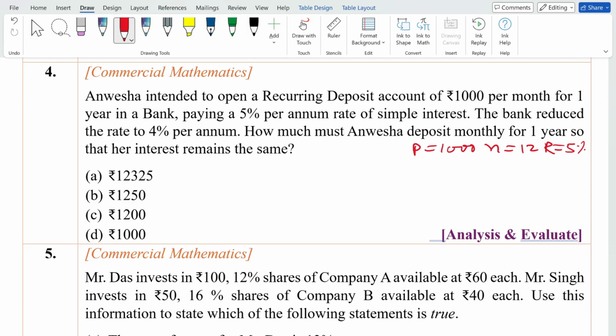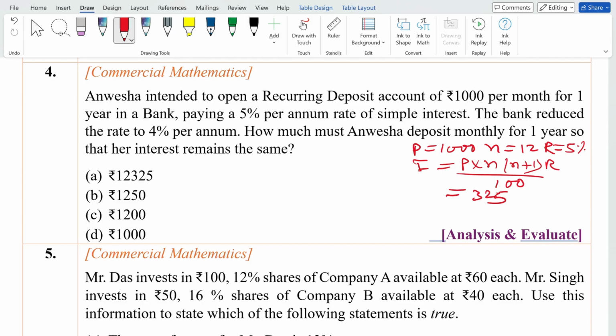Now find the interest. Interest is P into n into n plus 1 into R by 100, divided by 2 by 12. The interest will be 325.